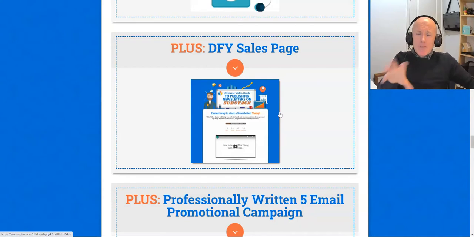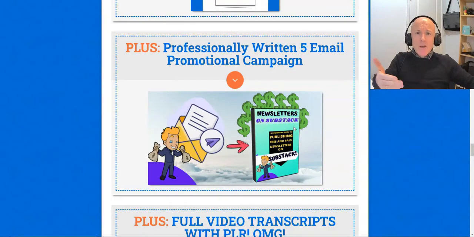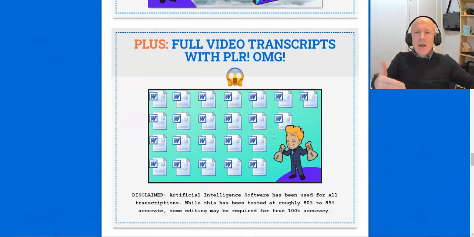So even though that is included and it's a fantastic resource, I would suggest that a little bit of work just to bespoke it is always a good idea. But that's up to you. You've then got a professionally written 5-email promotional campaign so that you can actually promote this particular offer. And you have video transcriptions with PLR rights.